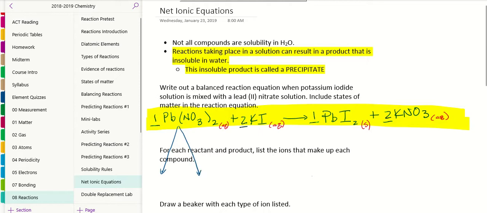If we have lead 2 nitrate solution, I want you to picture this as Pb plus 2, aqueous, and 2NO3 minus aqueous ions.